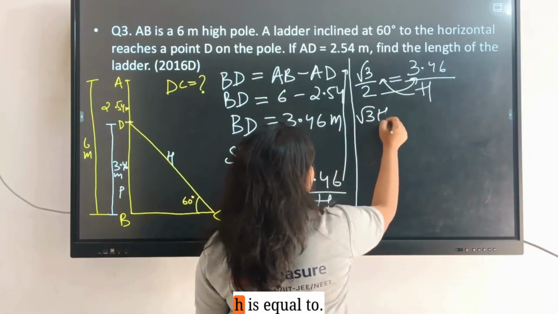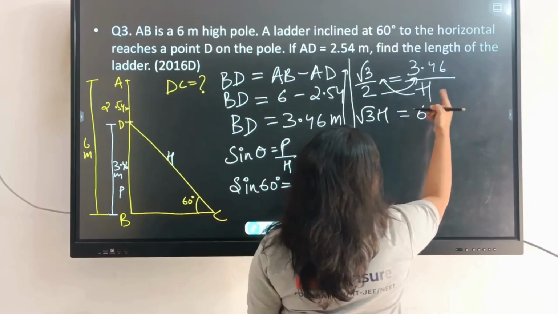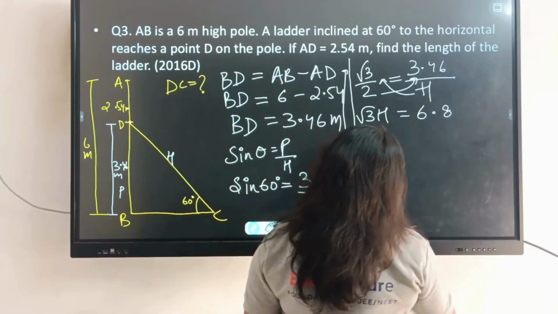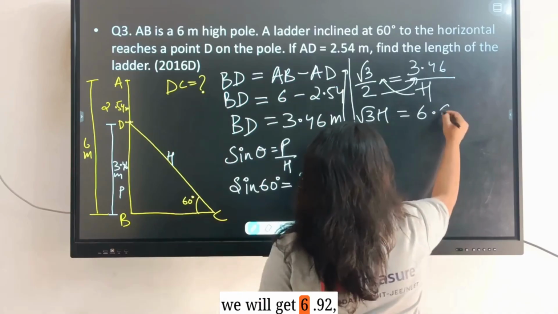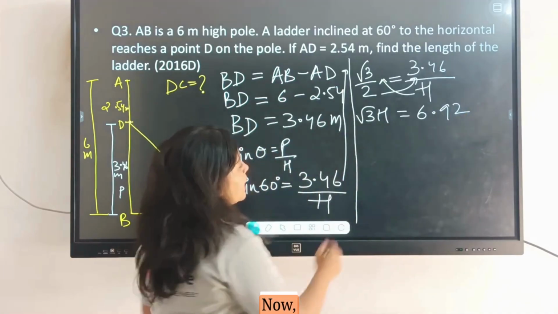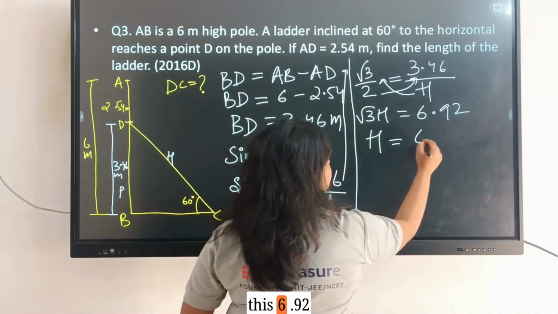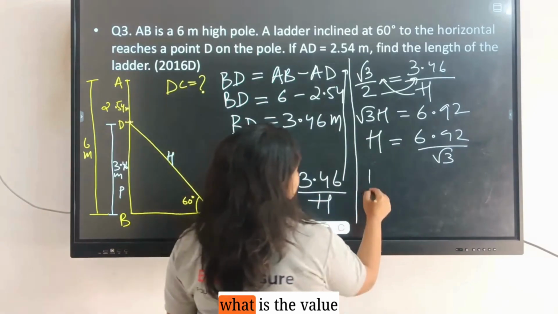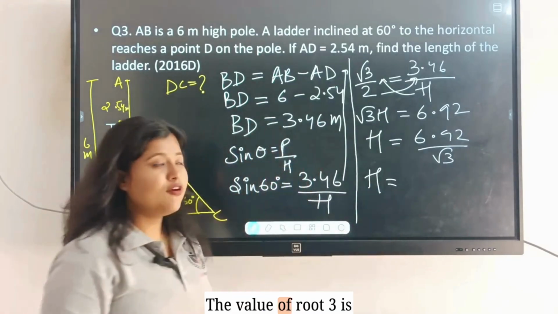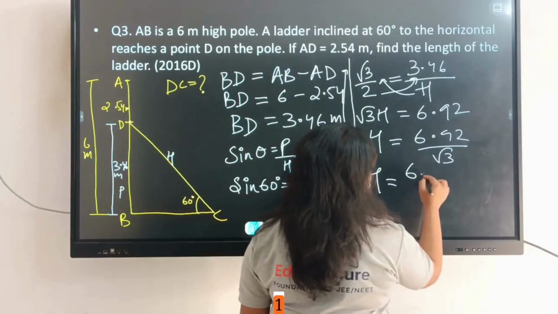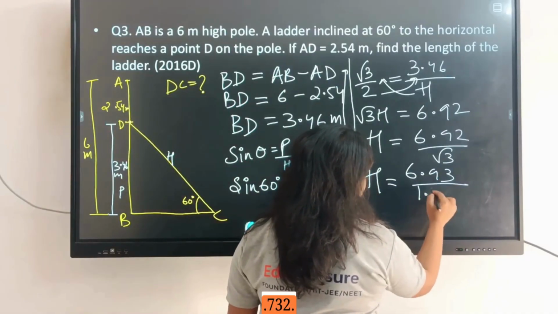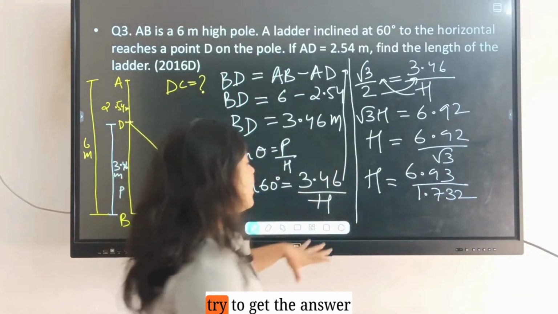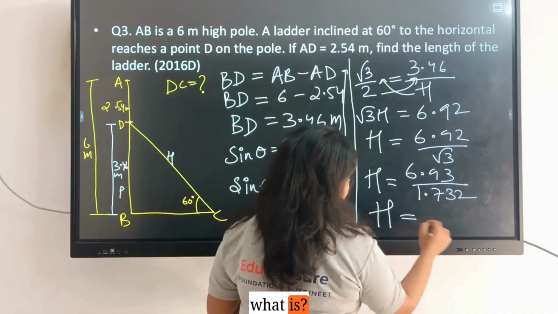We get root 3 h is equal to 6.92. Now we are going to take this 6.92 divided by root 3. What is the value of root 3? The value of root 3 is 1.732.